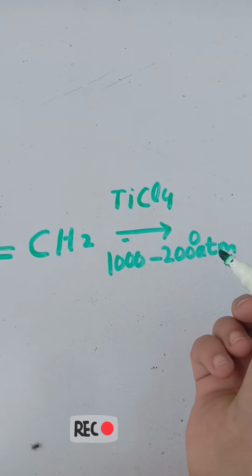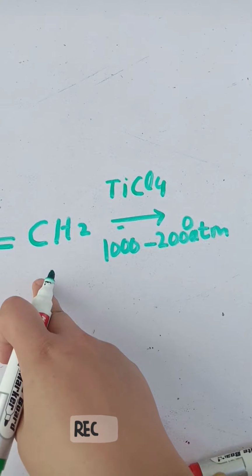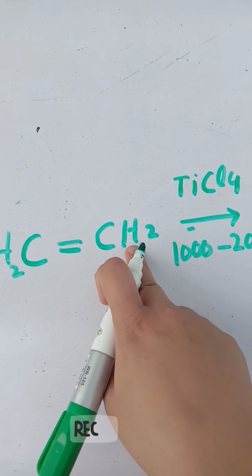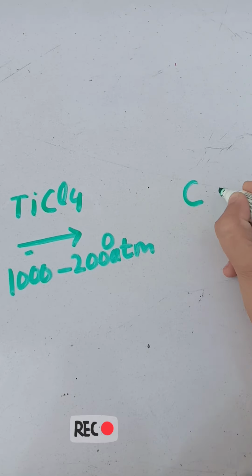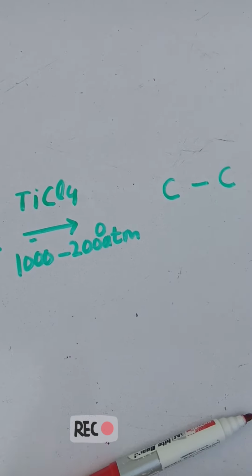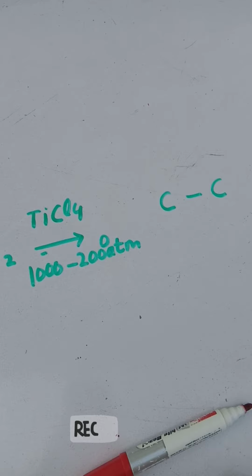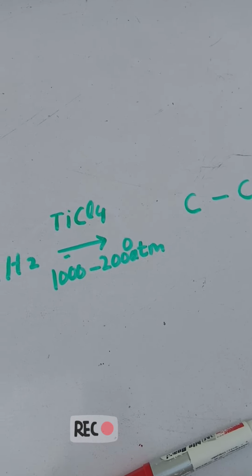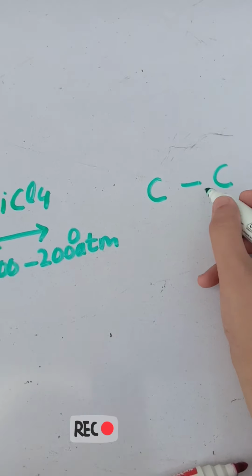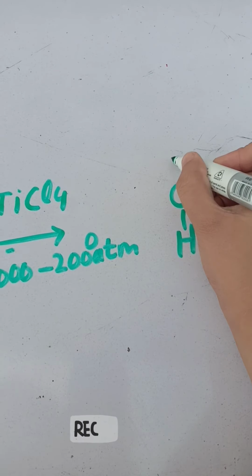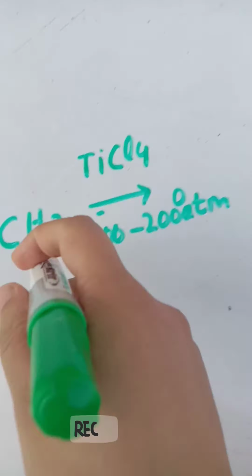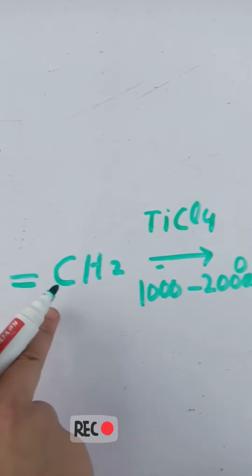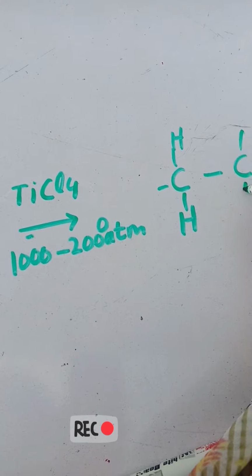Many small monomers are attached and a larger molecule is produced. In the case of ethene, when many small ethene molecules are added, polyethene is produced.